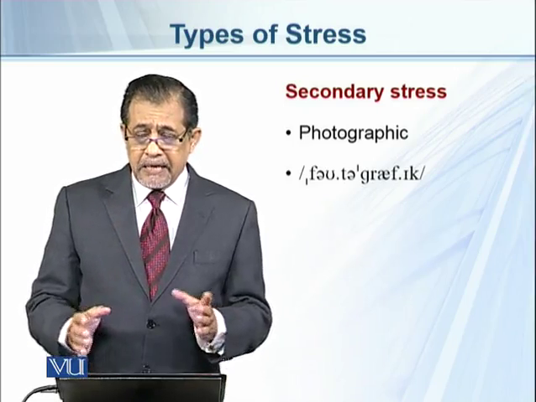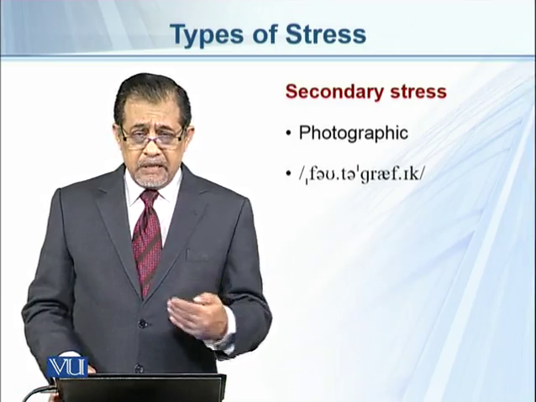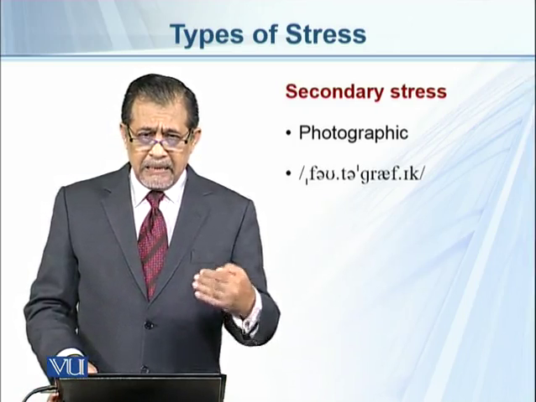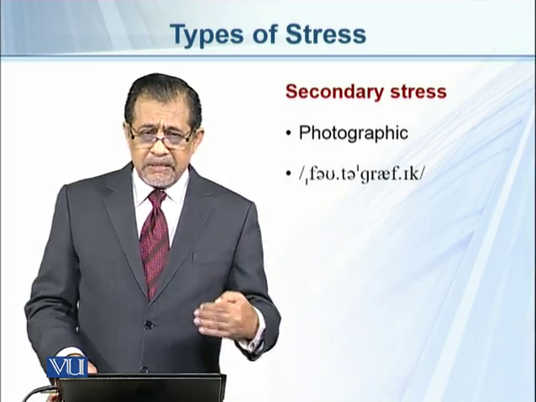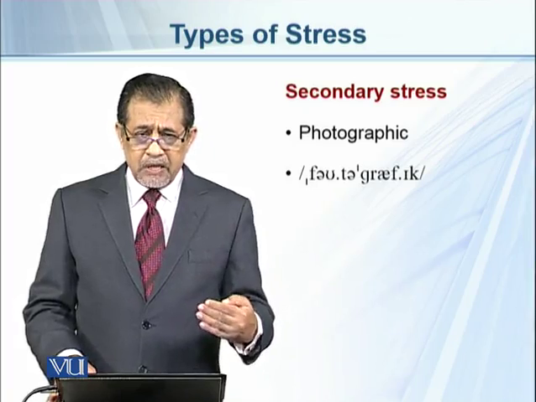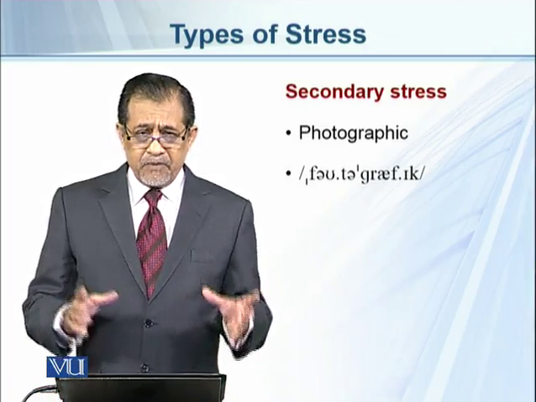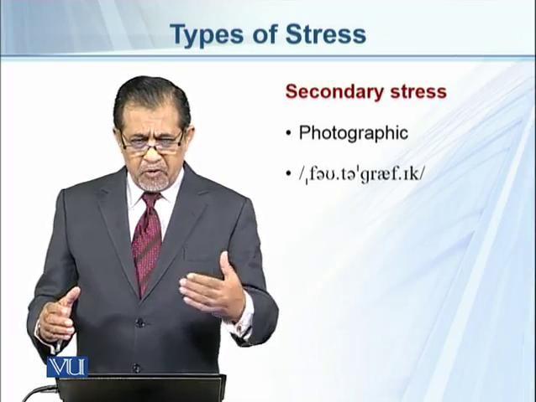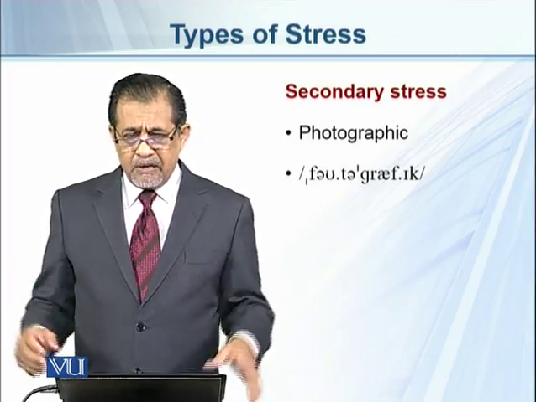The vertical line above the syllable marks the primary stress and the vertical line below the syllable marks the secondary stress. Generally, secondary stress is found in words of three or four syllables or more.